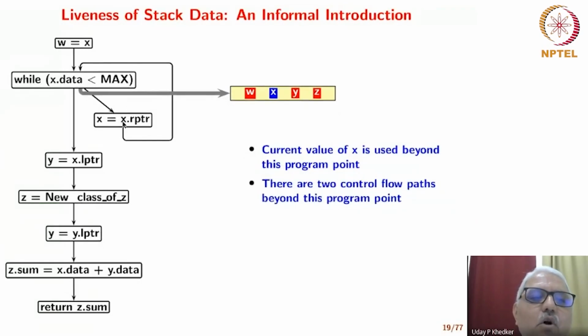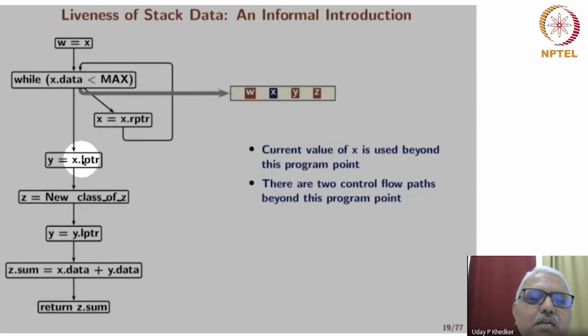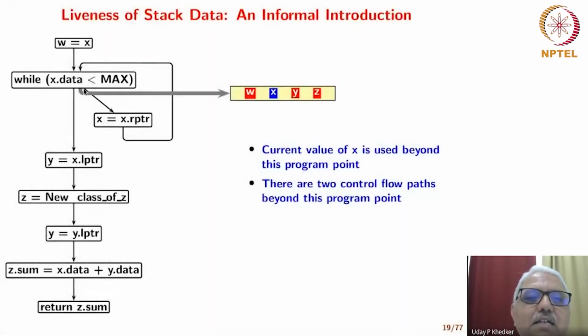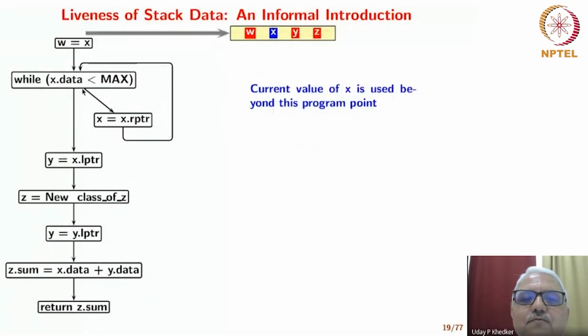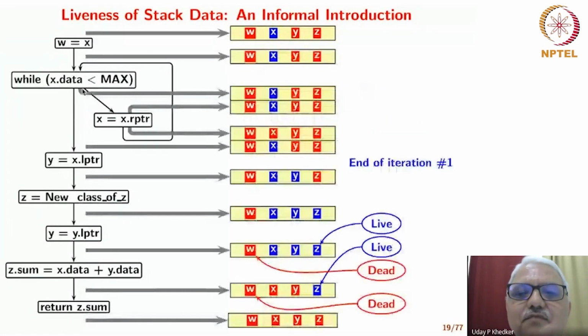Now, when we go to this program point, we have the liveness of X coming in from here and from here, and therefore we say that X is live here. As we go further, X is still live. Okay, so this is the liveness information that we have computed.